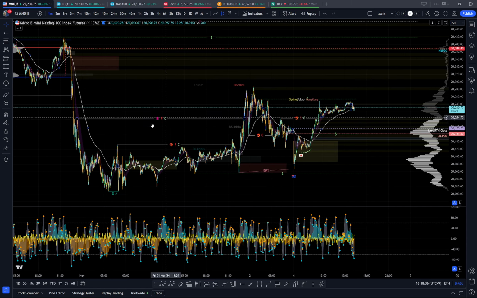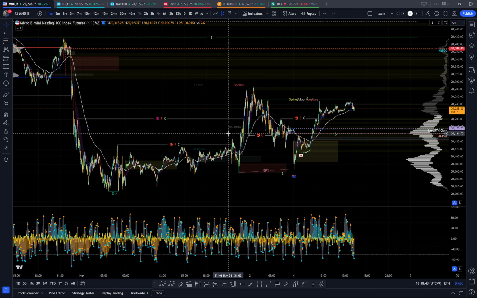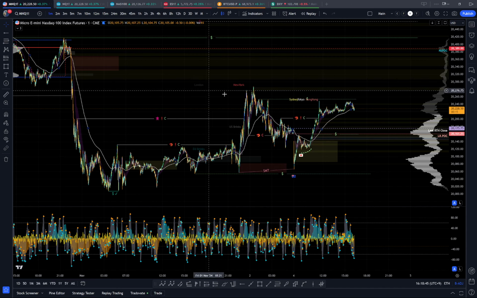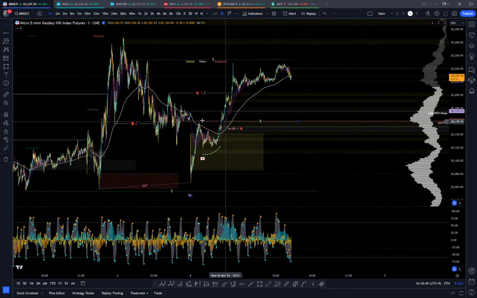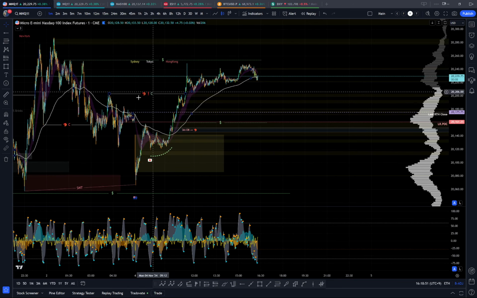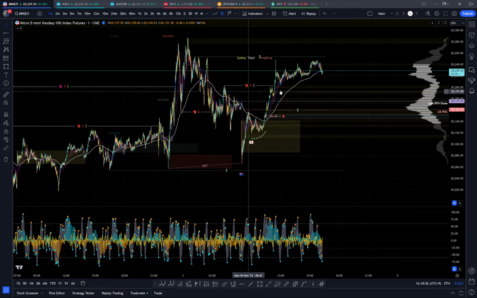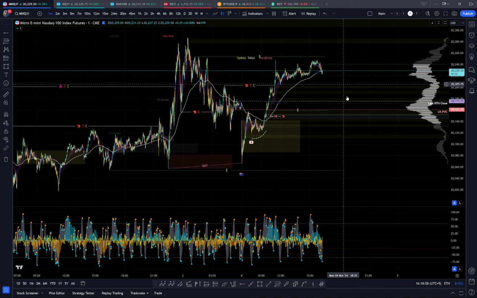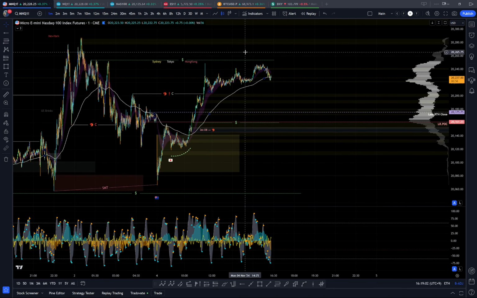This kind of change of character I'm a bit iffy on. Just because of what it did is, it came in, mitigated this fair value gap, then we had a little bearish change internally, and now we have a not extremely convincing bullish change of character here, but there is a chance that they could range it inside here, swipe up and down, maybe take this liquidity up here, right?